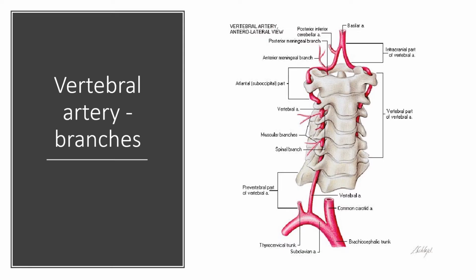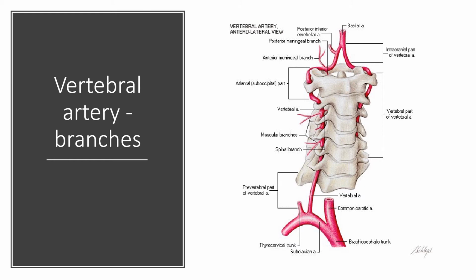We will see what are the branches from the intracranial part of the vertebral artery. The intracranial part of the vertebral artery gives rise to 5 branches. We'll see them one by one. Anterior spinal artery.